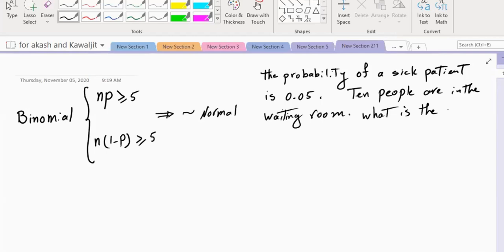What is the chance that at least 5 are sick?